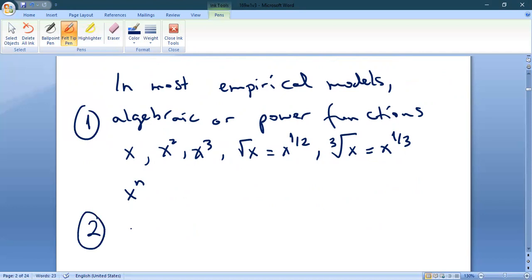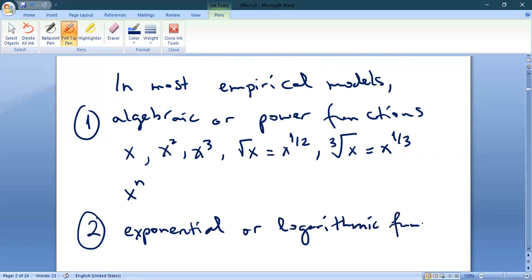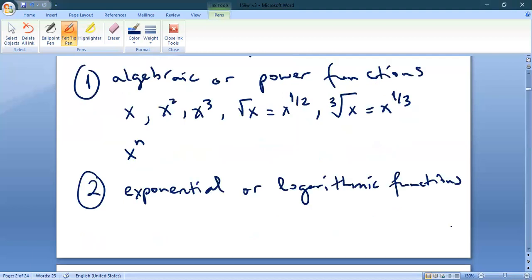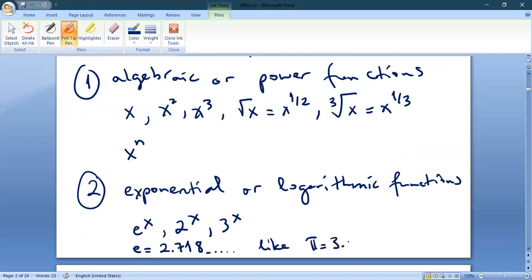The other functions are exponential or logarithm functions. By the way, we will talk about the logarithmic function later also, which is actually the inverse of exponential. So these are like e to the x, 2 to the x, 3 to the x. By the way, e is a number, 2.718..., a number like pi, which is 3.14159, the ratio of the circumference of a circle to the diameter.